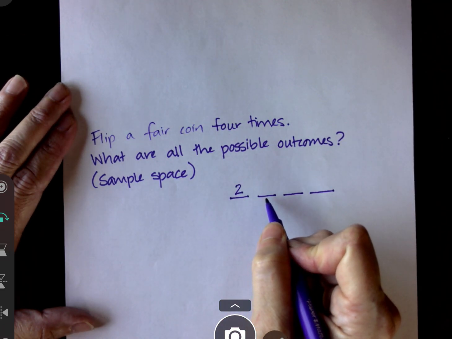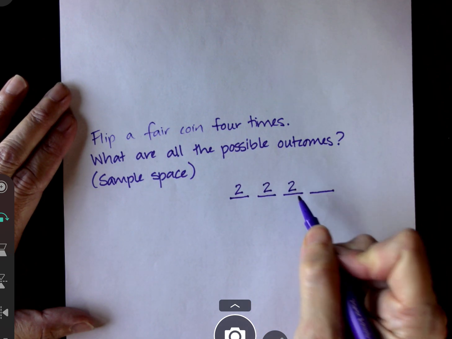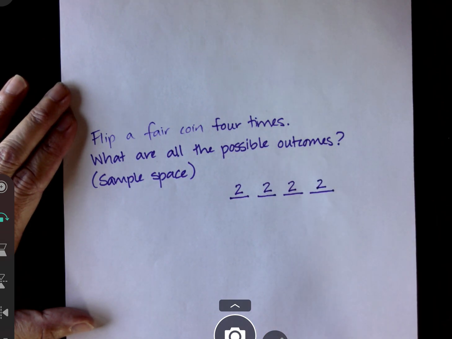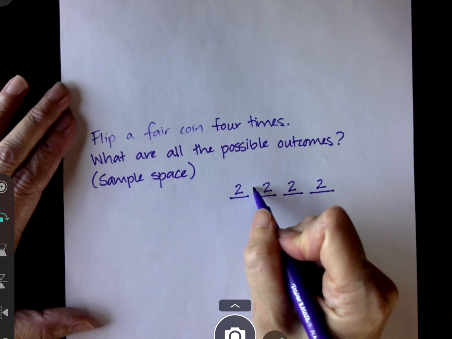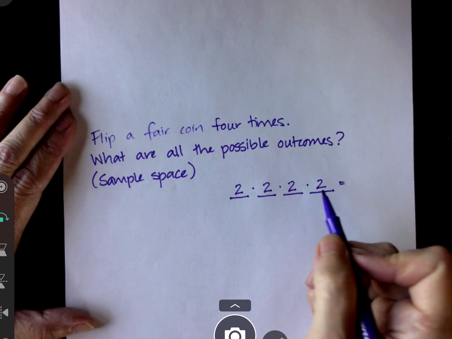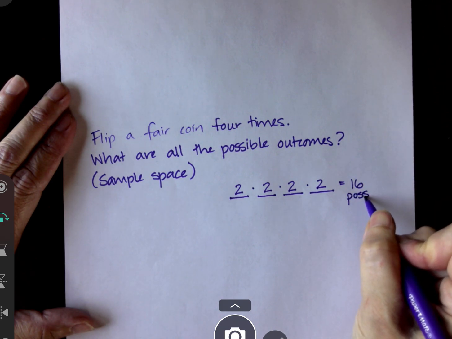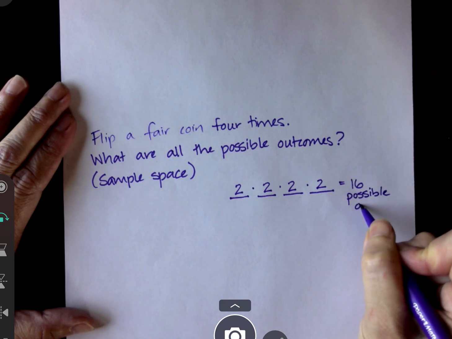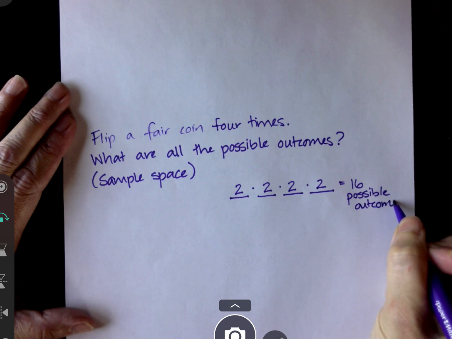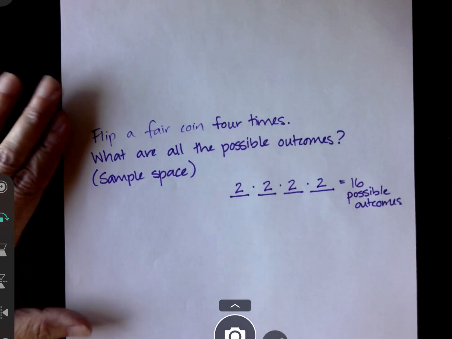Same thing for the second toss, 2 options there, 2 possibilities for the third toss, and 2 possibilities for the fourth toss. The multiplication principle of counting says we would multiply all of these together to get 16 possible outcomes in this situation.